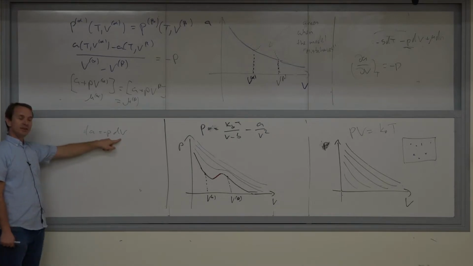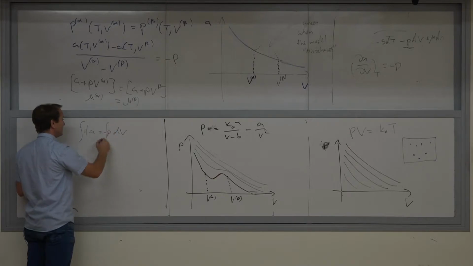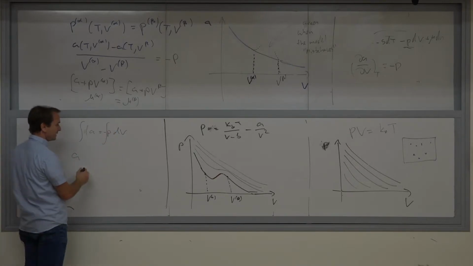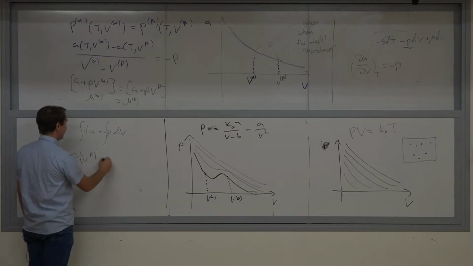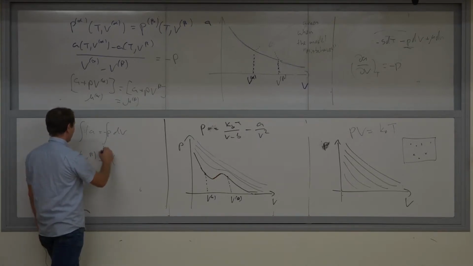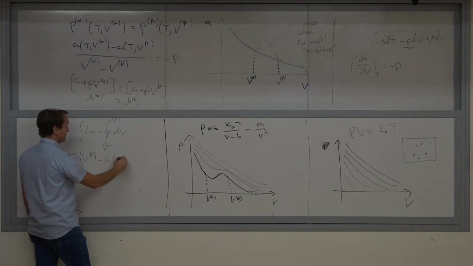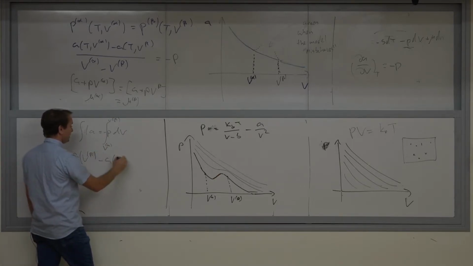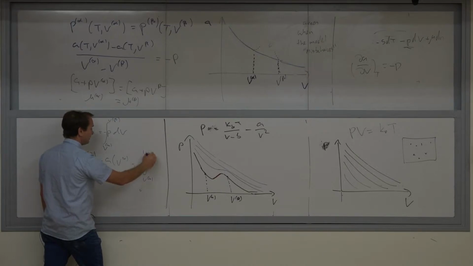So when I'm constructing A, let's integrate this. A at some point V beta minus A at some point V alpha equals the integral from V alpha to V beta of dP dV.